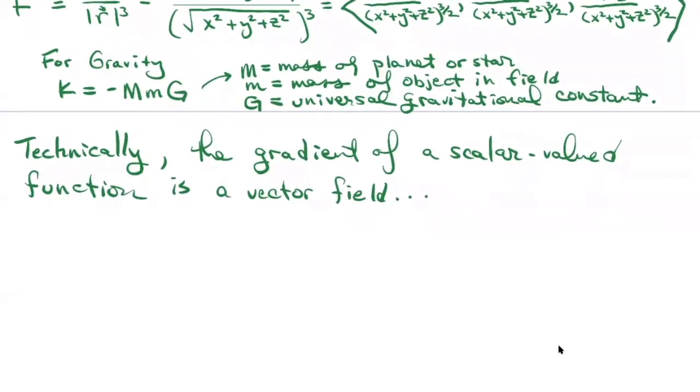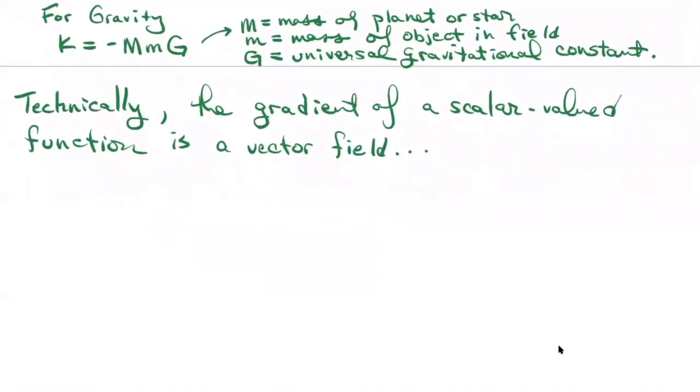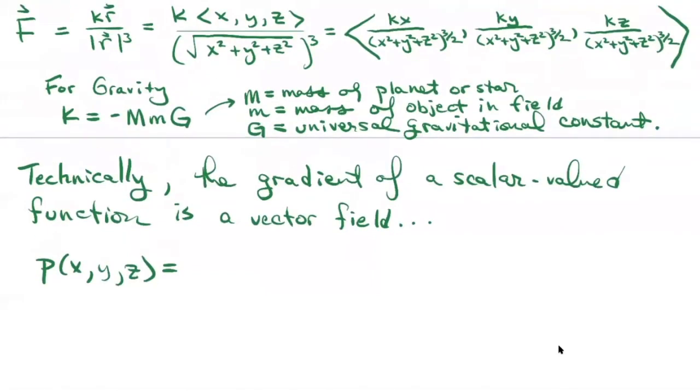So if you have, like, let's say we have P of x, y, z is equal to, let's do K, maybe a negative K over the square root of x squared plus y squared plus z squared.